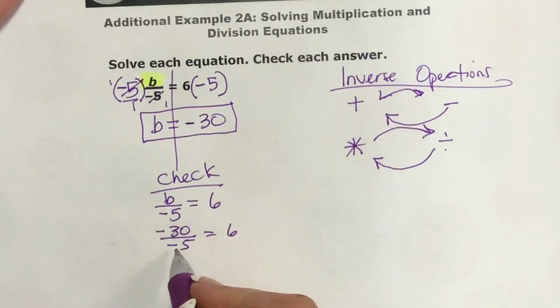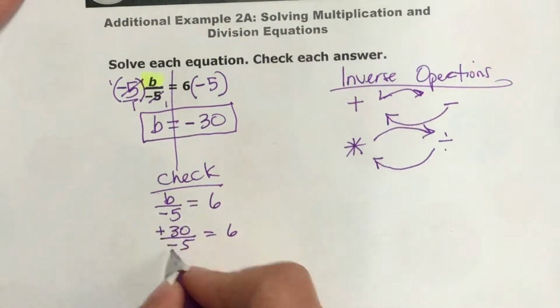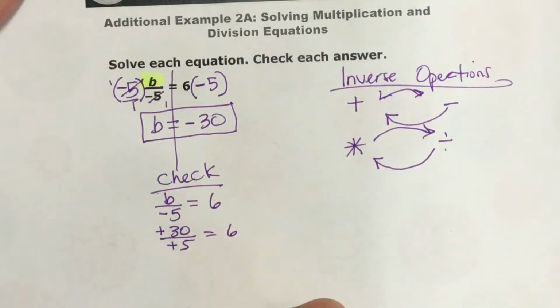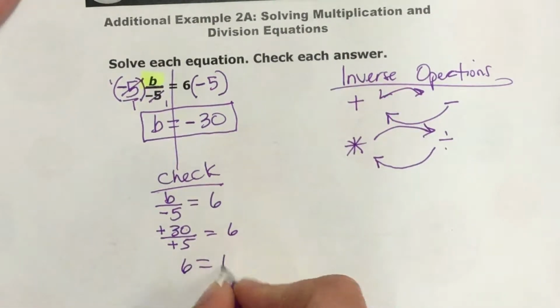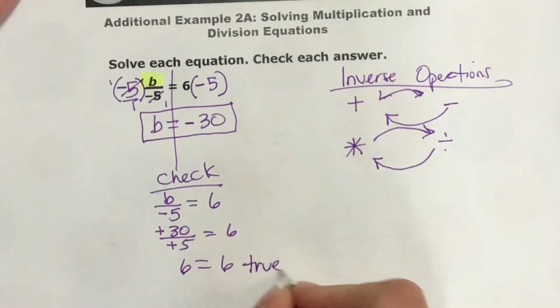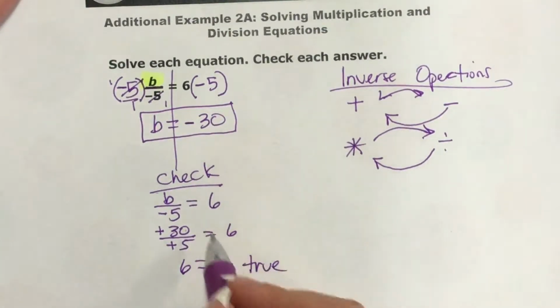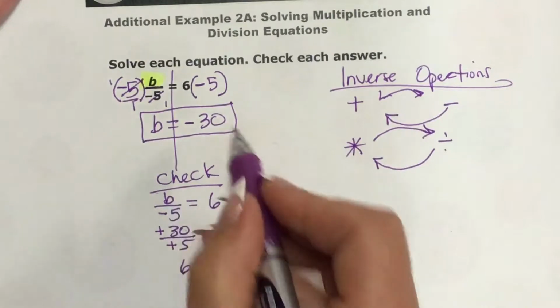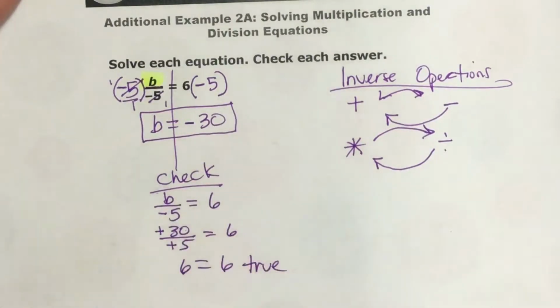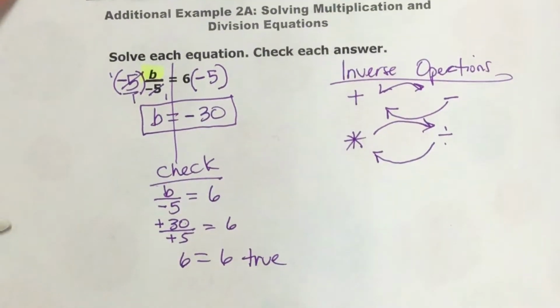A negative divided by a negative is a positive. And so we have just 30 divided by 5. How many times does 5 go into 30? It goes in 6 times. So it's 6 equals 6, which means this is a true statement, which means the number that we stuck in for b, which is -30, is the solution to our original equation, so we did it right. All right, so that's 2a.